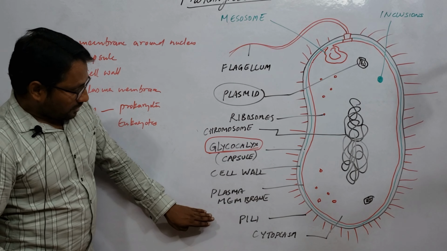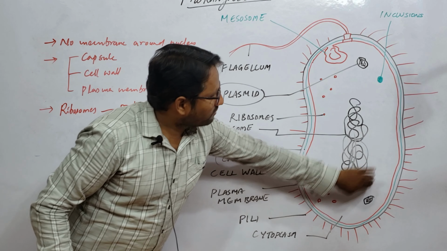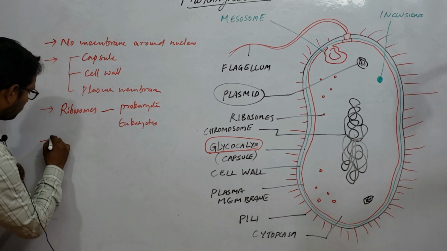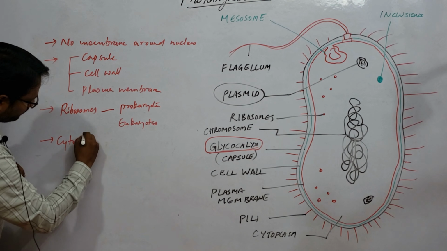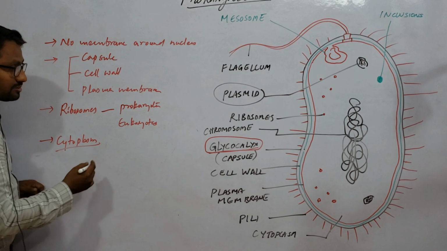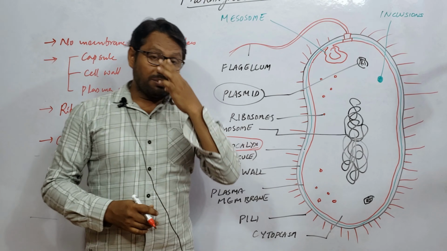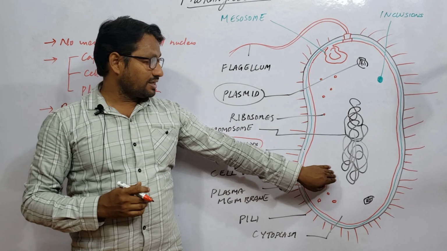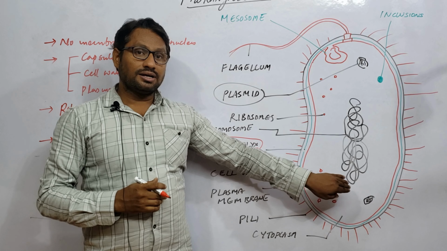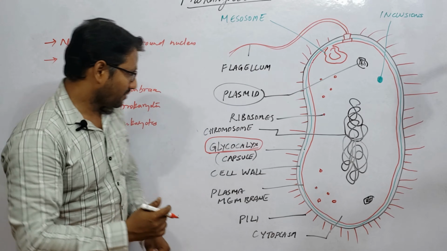The volume of the cell is occupied by cytoplasm. Cytoplasm is the main arena where cellular activities take place, which is essential for the survival of the cell.